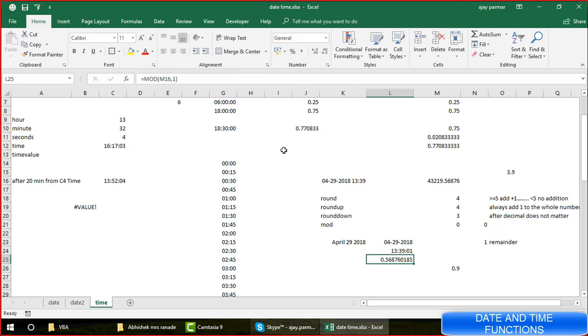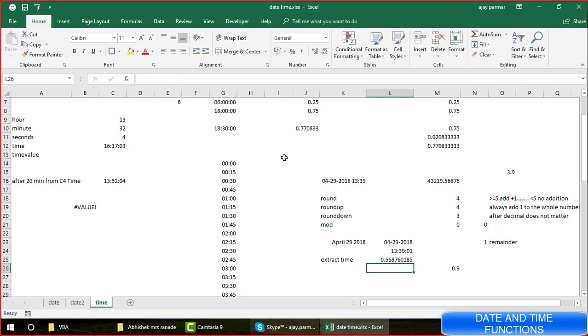So anytime you have a problem extracting the time or the date from the date time, please use the round down and the mod. Round down you can use because it returns the whole number only, so you use that to extract the date, and to extract the time you can use the mod function, because when you divide any number with 1, if it is a decimal, only the decimal portion will be left, because the whole number is always divisible, so the remainder will always come as 0.